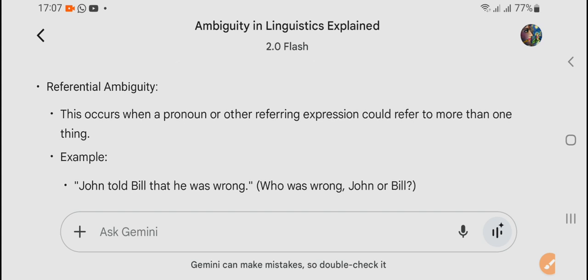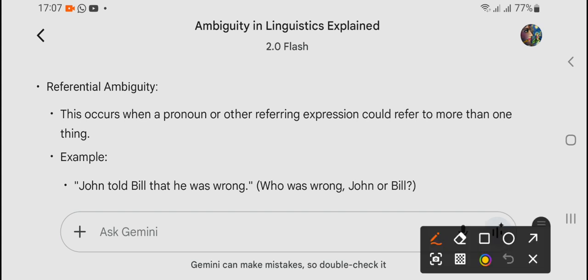Then next is referential ambiguity. I didn't discuss it in the class, but here we can see this occurs when a pronoun or other referring expression could refer to more than one thing, right? Like "John told Bill that he was wrong." Here John told Bill means two persons are there, and who was wrong? So "he" is either John or Bill, not clear.